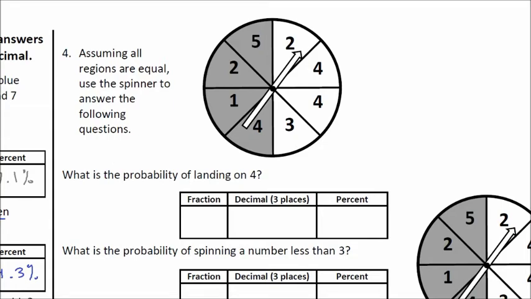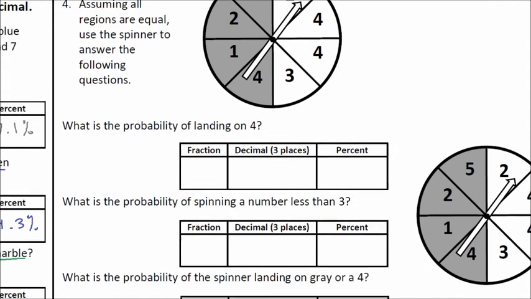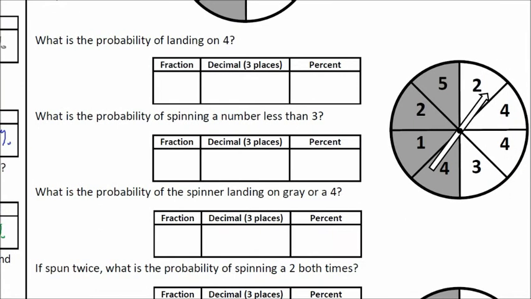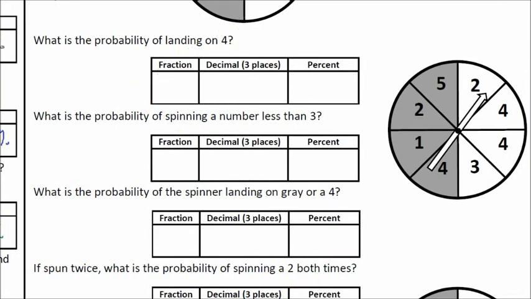So question number 1, I'm going to scroll down and we'll use the spinner that I made a copy of over on the right hand side. So we always have a spinner in front of us. What is the probability of landing on 4? Well, how many 4s are in our spinner? We've got 1, 2, 3 4s.